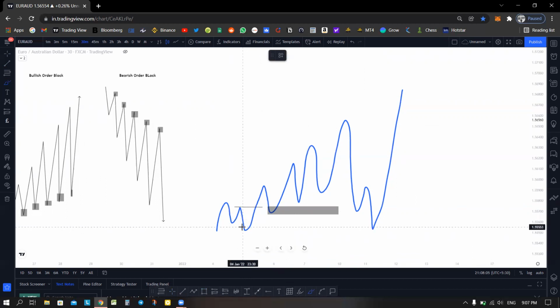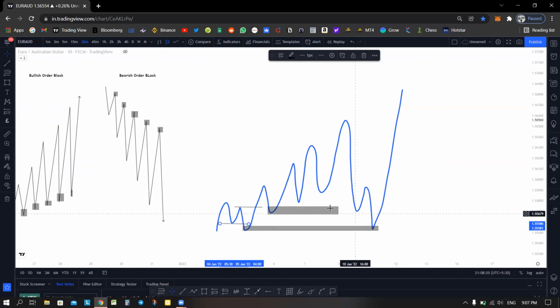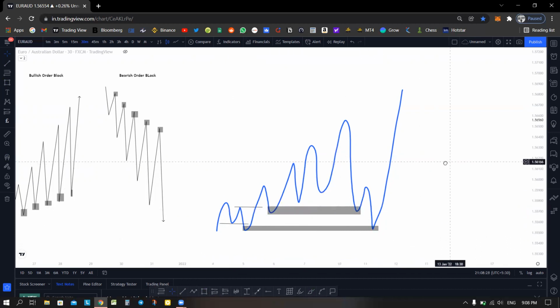In this case, this block got respected only because this block has taken out liquidity. This other block didn't take out any liquidity, so that's why people got stopped out here.